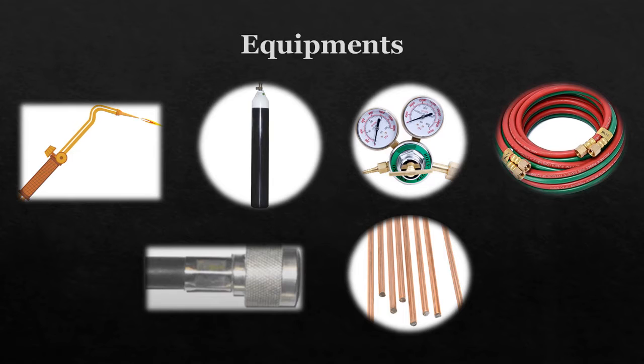A metal clamp is used to attach the welding hose to a nipple. Then the last is filler material. Filler material is used to supply additional material to the pool to assist in filling the gap, and it forms an integral part of the weld.